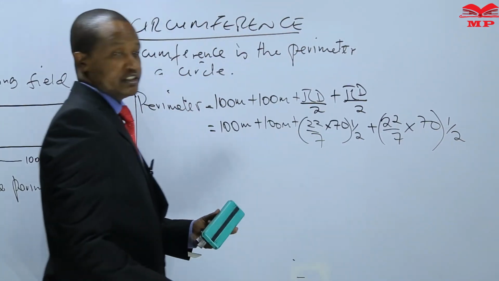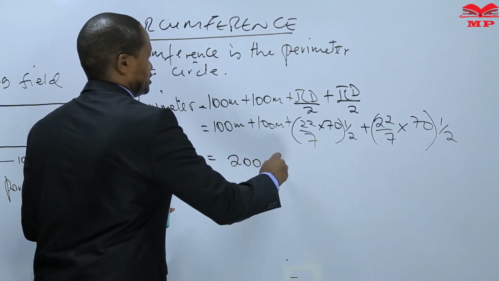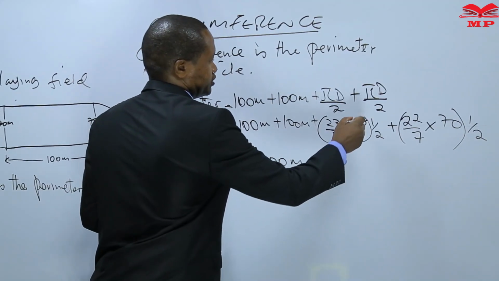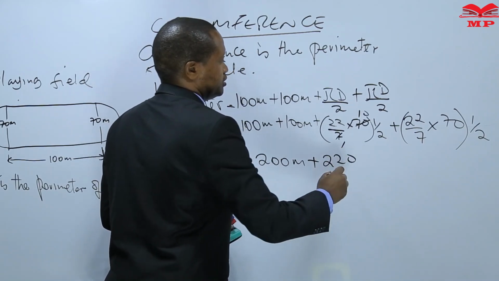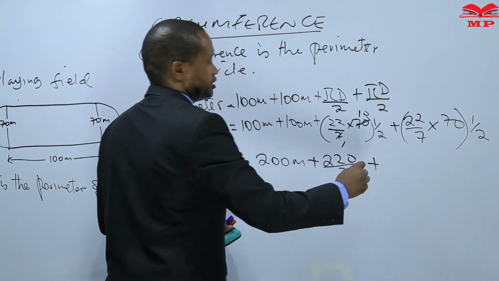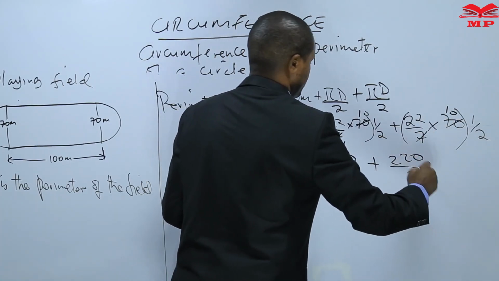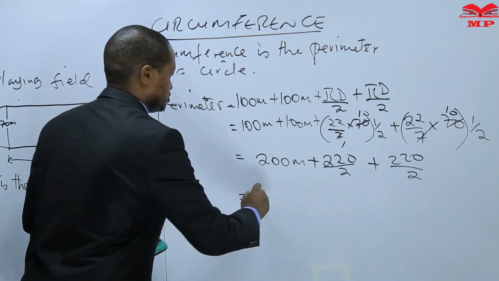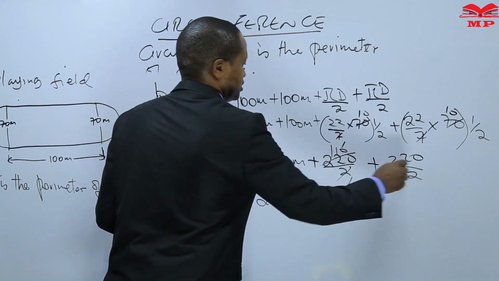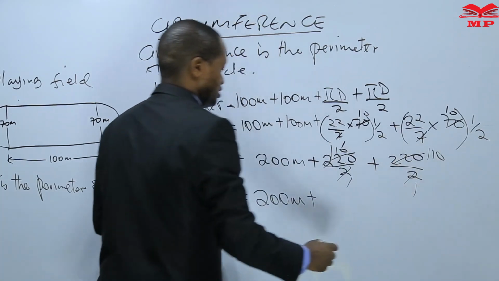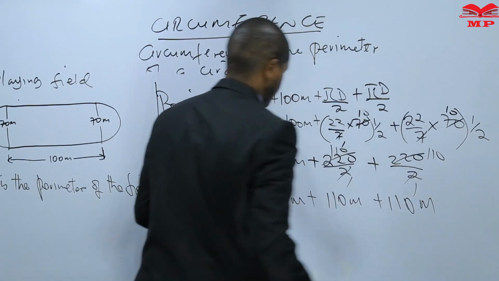Multiplying by a half is the same as dividing by 2. So this will be equal to 200 meters plus, 7 goes here once, 7 goes here 10 times, so 220 divided by 2 plus 220 divided by 2. Those are meters. 2 goes here 110, 2 goes here 110, so plus 110 meters plus 110 meters.